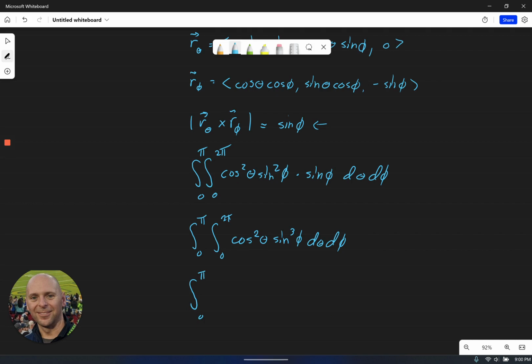I'll take the integral from 0 to pi of sine cubed phi d phi, and we'll multiply that times the integral from 0 to 2 pi of cosine squared theta d theta. And so at this point, we can run these through a computer algebra system, and we can figure out from there what the value of our surface integral would be.